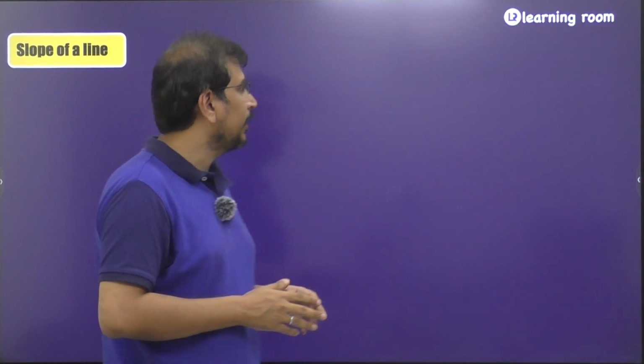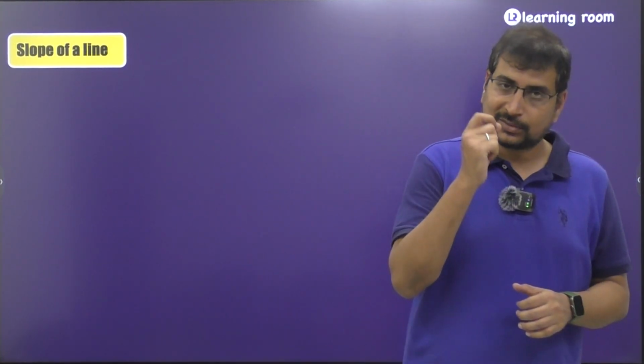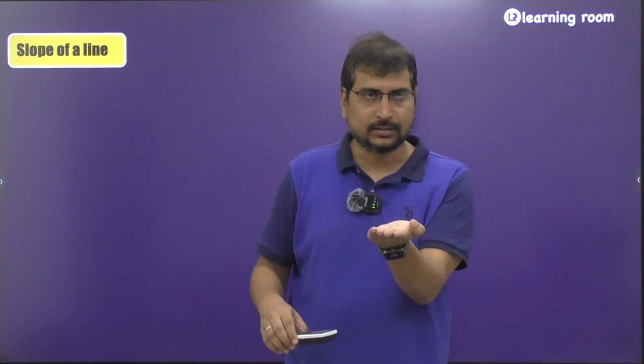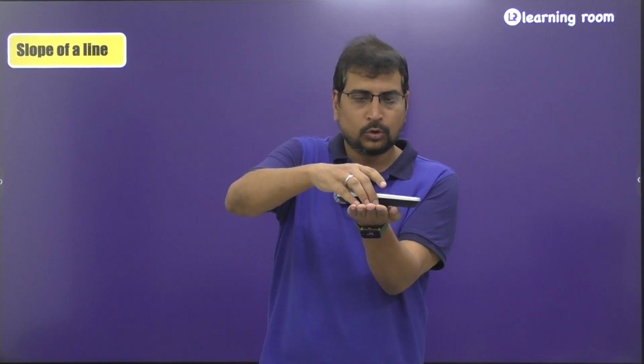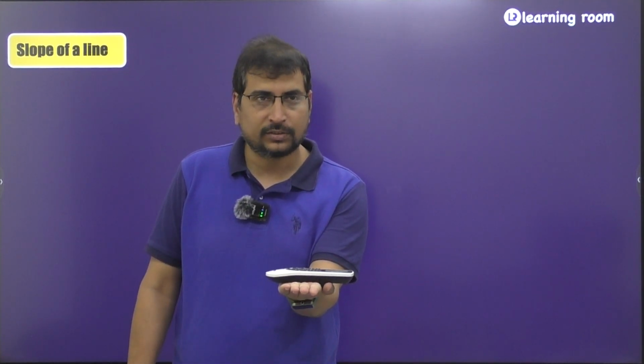Okay. So if you see, the first concept that we need to learn before differentiation is called slope of a line. Okay, it's called slope, right? So let's take this remote for instance. Let me take my hand as a flat surface. So if I keep the remote on top of this, how does it appear with respect to your eyes?